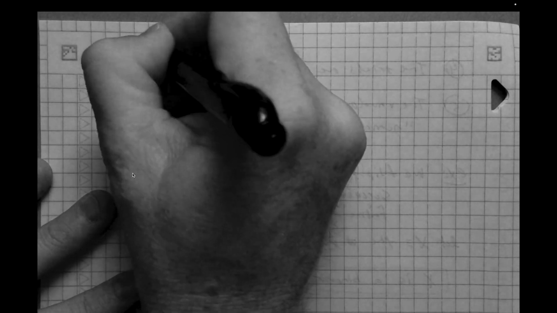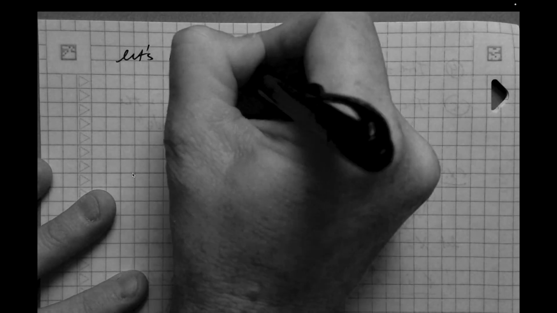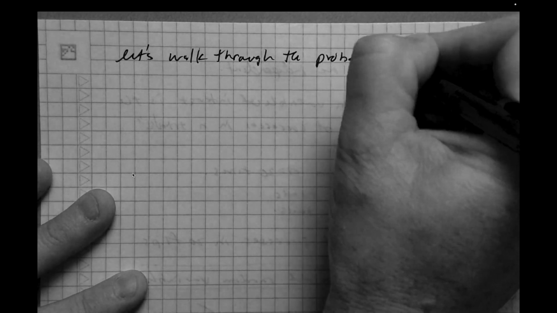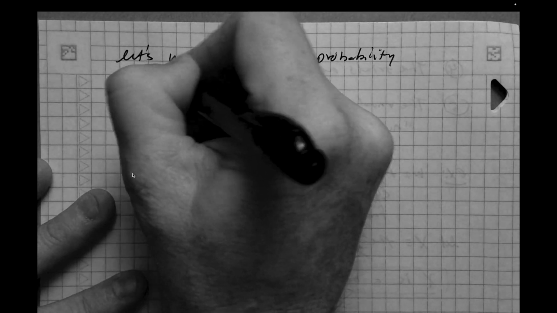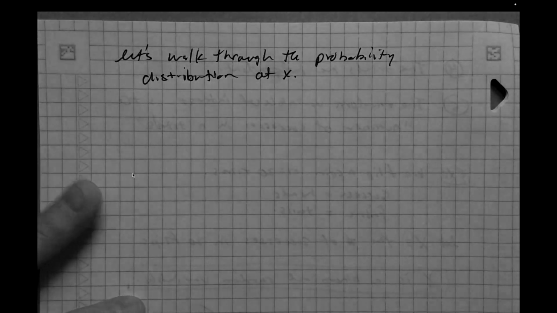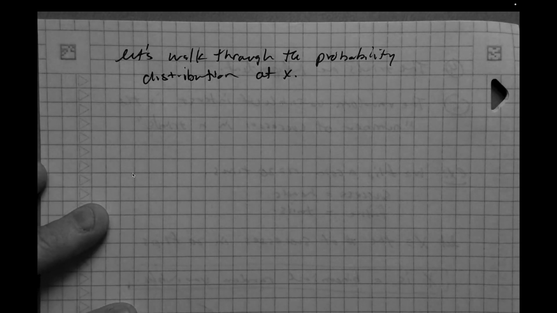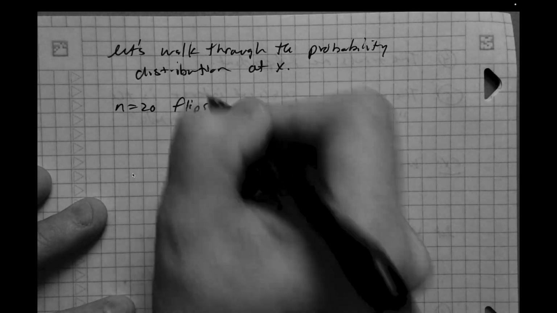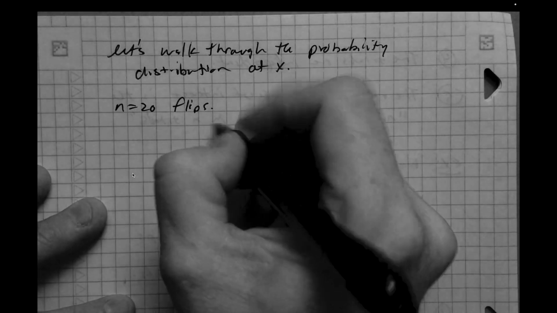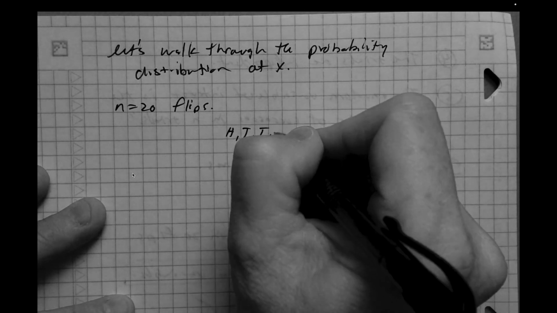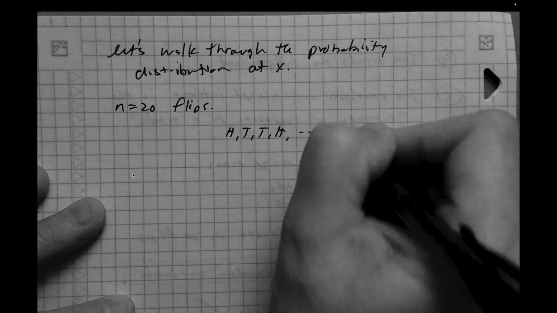Let's talk through the probability distribution of x. We'll assume just 20 flips here, so n equals 20 flips. It's going to produce something like this: heads, tails, tails, heads, and so on, heads, and there'll be 20 of them.